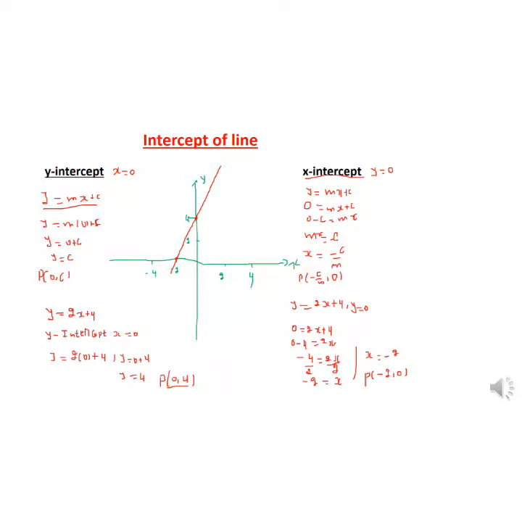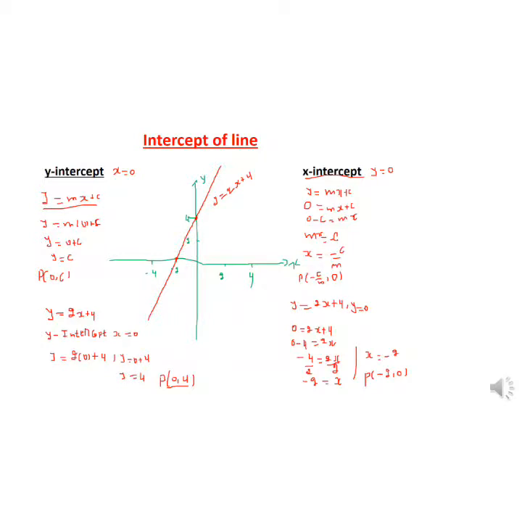So now this is y equal to 2x plus 4, the equation of the line.